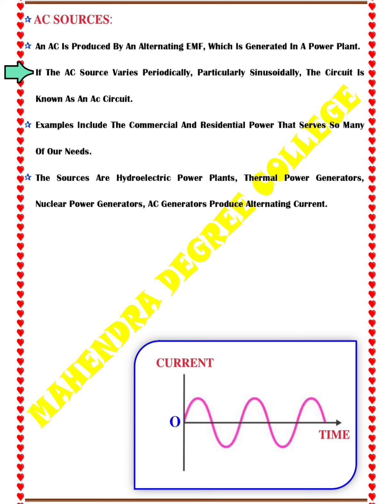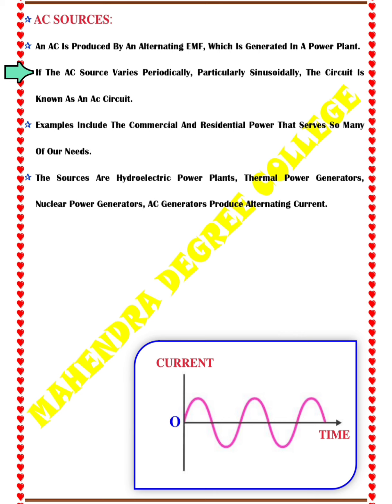Periodic variation means this change happens in a regular cycle, for example, 50 or 60 times per second. Especially in a sinusoidal manner.